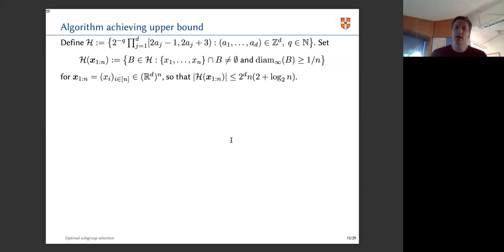Okay, so if I'm going to define an algorithm, then I can't define these p-values for every subset B of R to the d. And so in the end, I'm just going to do it for a finite set of hyperrectangles.